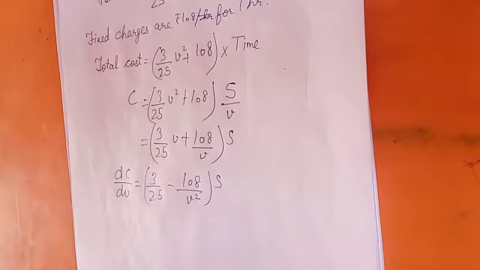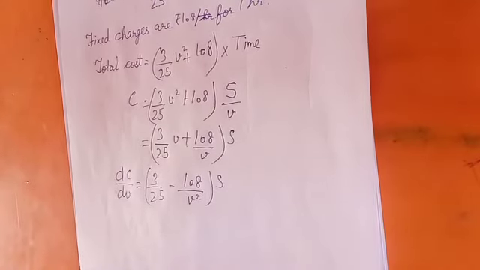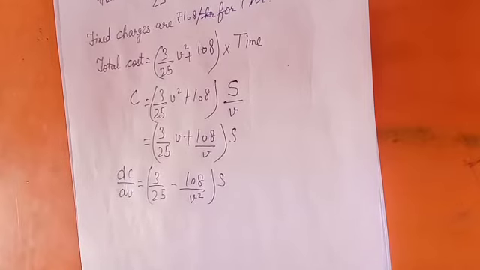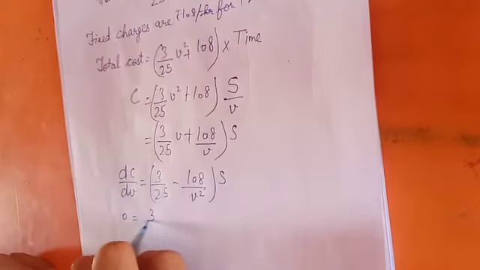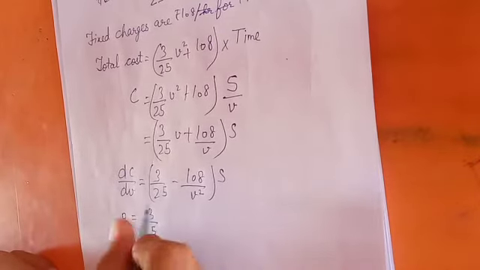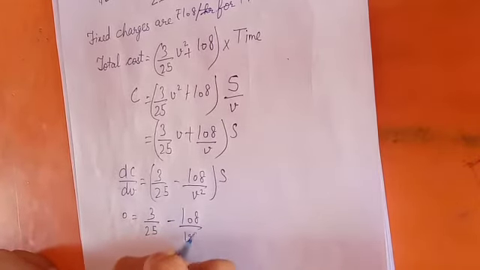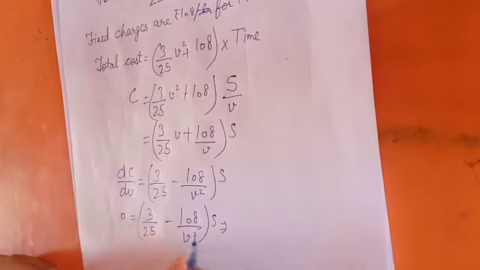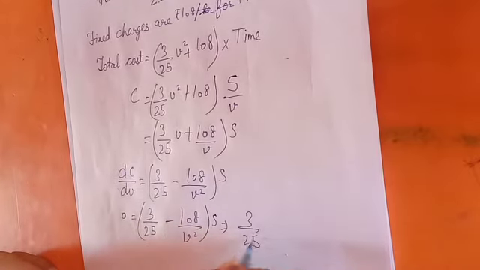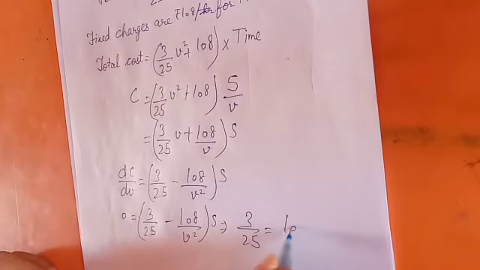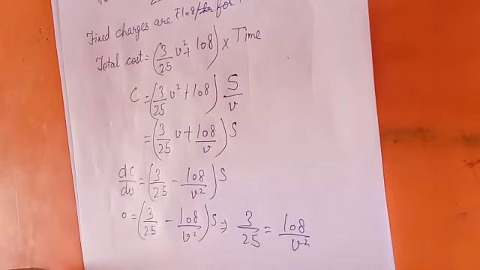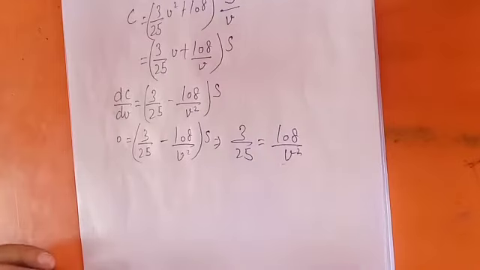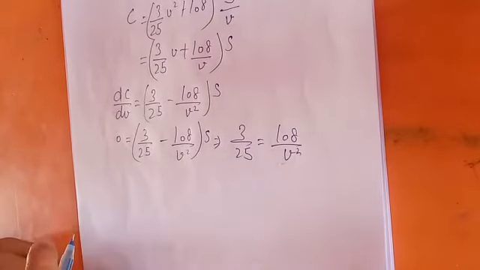Okay, for extreme values we have to put our first derivative as 0, so we get 0 is equal to 3 by 25 minus 108 by v square into s. So that means 3 by 25 will be equal to 108 by v square. Okay, so from here we can find the value of v.